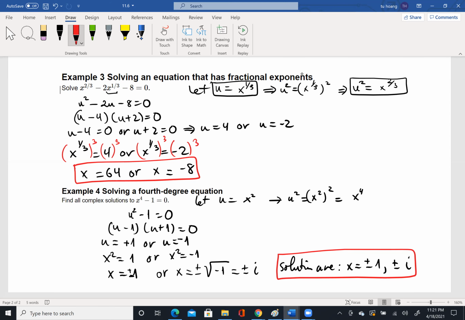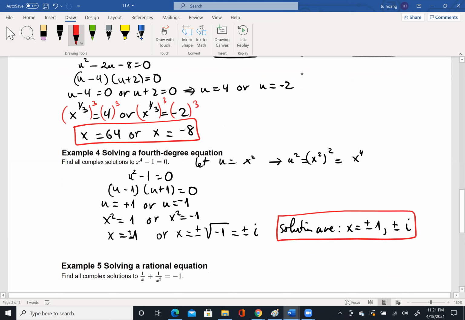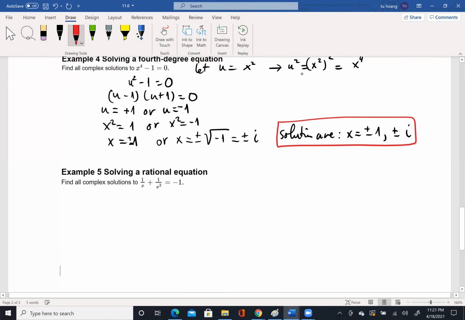All right, so finally, we come to example number 5. And for this example, we are solving a rational equation. What we have to do is multiply each term by the highest degree term at the bottom.